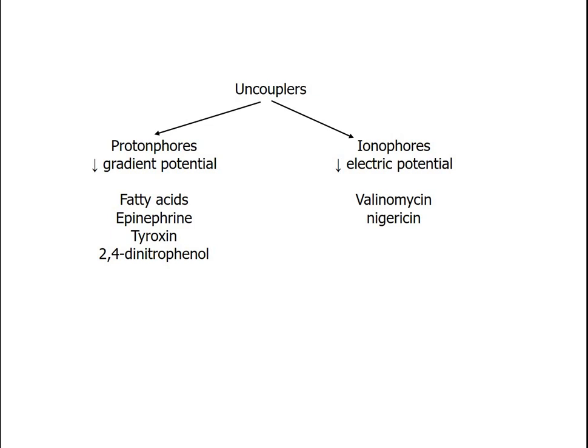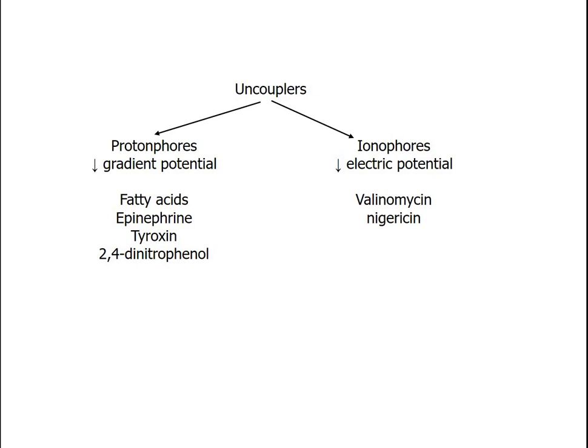Substances that decrease the gradient potential are called protonophores. Such substances as fatty acids, adrenaline, thyroxine, and derivatives of phenol correspond to protonophores.